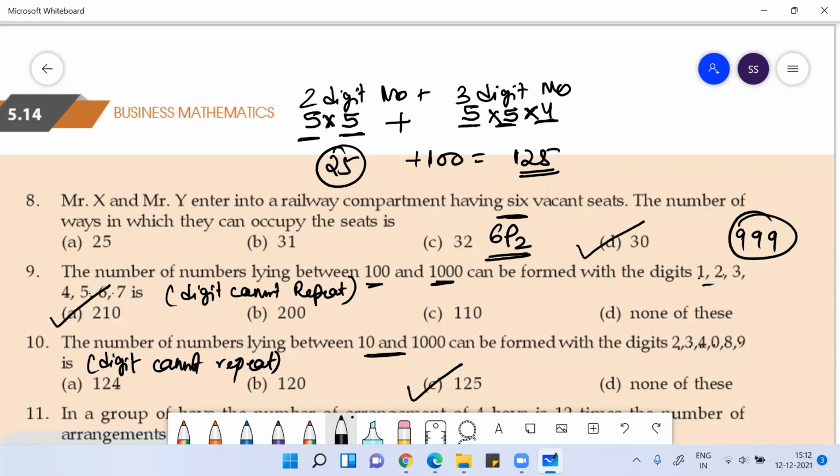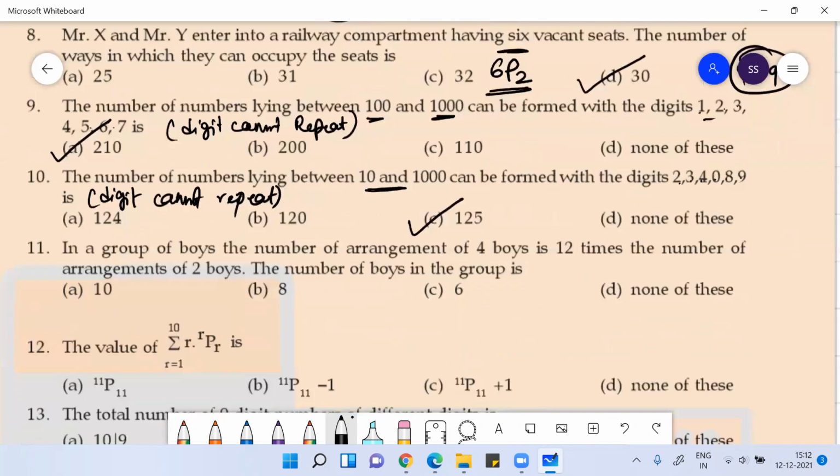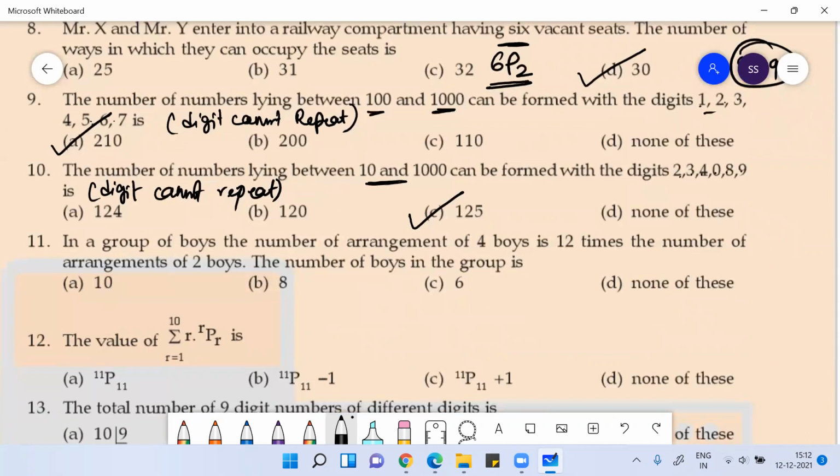See this 11th one. You want to discuss these questions, or if you want, I'll give you the answer for this question.